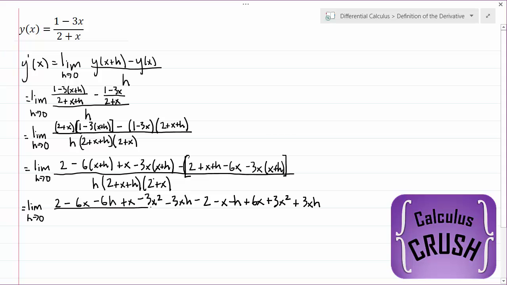Wow, that's a lot of terms. And on the bottom, h times (2 plus x plus h) times (2 plus x).